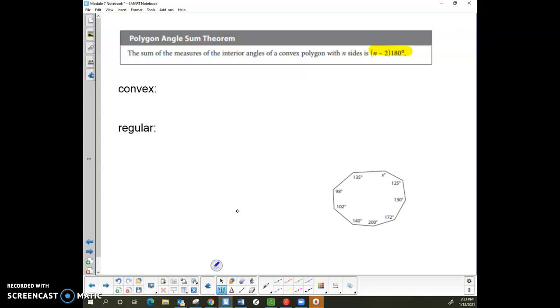All right, so some terms in this theorem. Convex simply means all the angles are less than 180 degrees. There's a nice diagram on your formula sheet or your study guide that tells you the difference between convex versus concave. So convex is all the interior angles are less than 180 degrees.